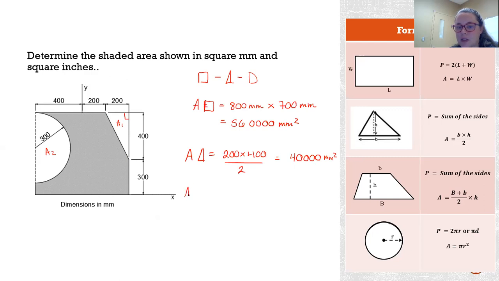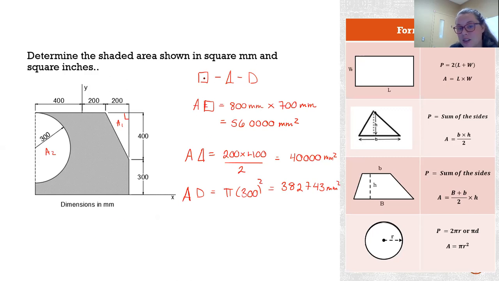Okay, and the last one is the area of the semicircle. So the semicircle, we're already given our radius. So the area is equal to pi times 300 squared, which leaves us with 382,743 millimeters squared.